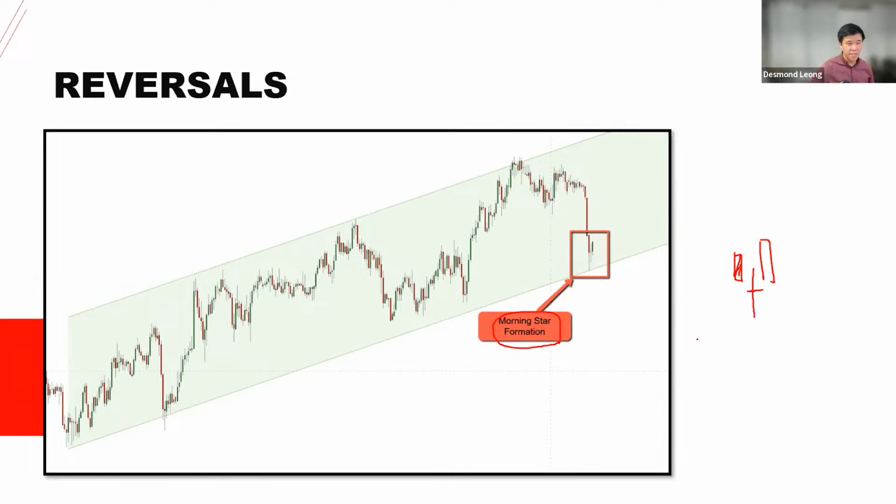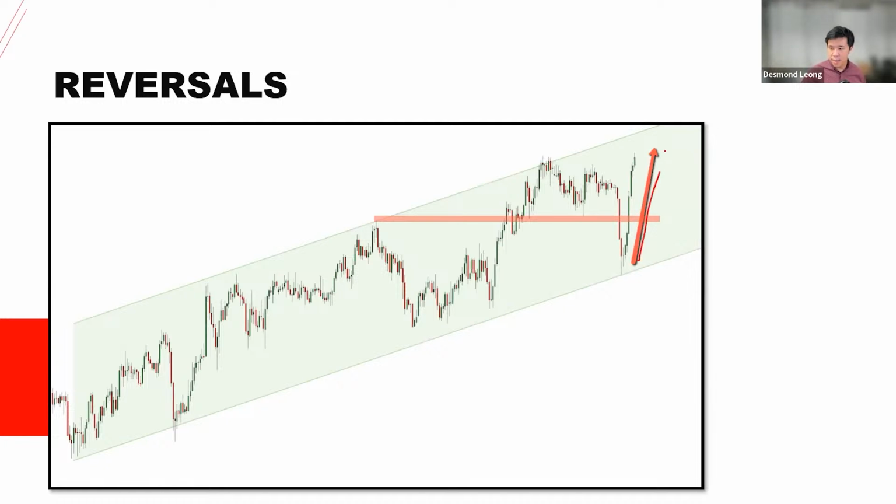This is called a morning star formation. So a morning star formation formed right at the trend line, the channel support. This is a very good indication of a possible bounce. So you can see from here that price did start to bounce up very nicely.